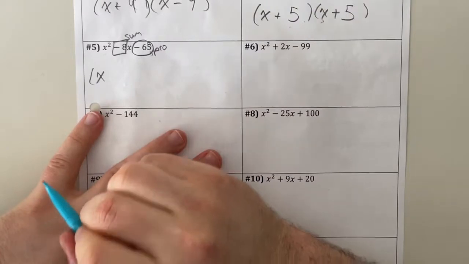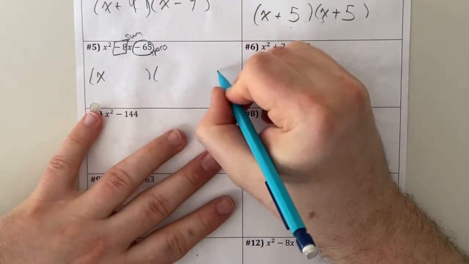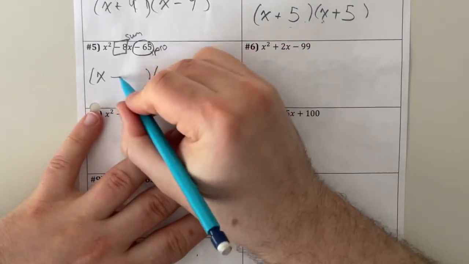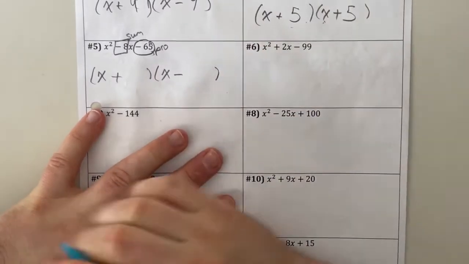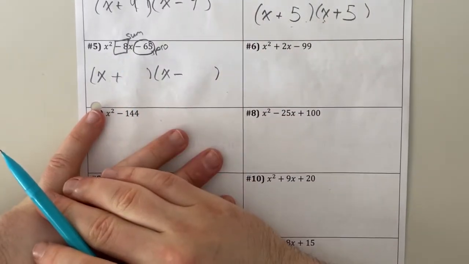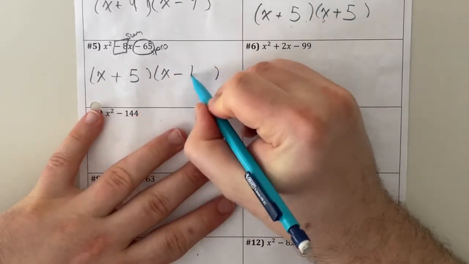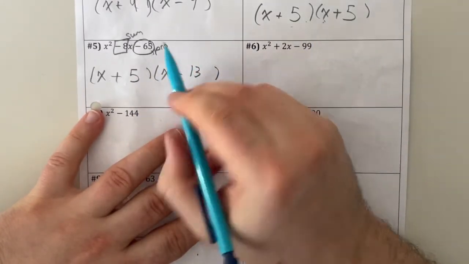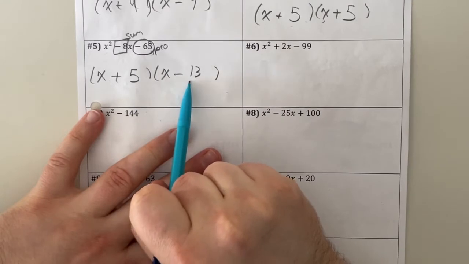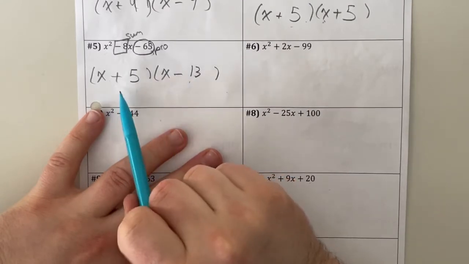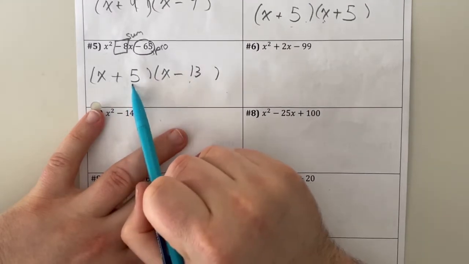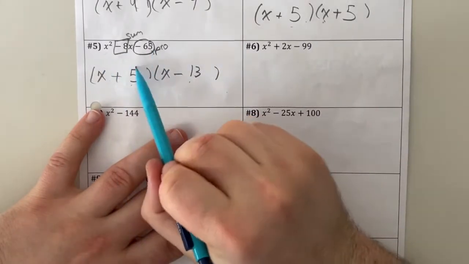So I'm going to say x, build my foundation. I know that they're going to be different signs, so I have a plus, I have a minus, and I have to say that the larger value goes with the negative. So some values that I can multiply together, well, let's have 5 and a 13, because I know that 13 negative, and then I have a plus 5 would give me my sum, and I multiply those two together to get that 65.